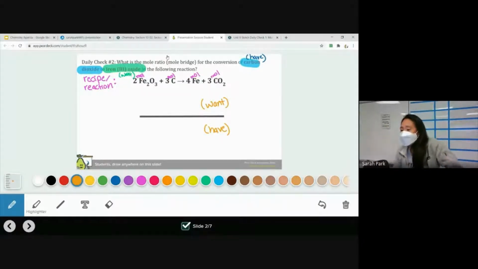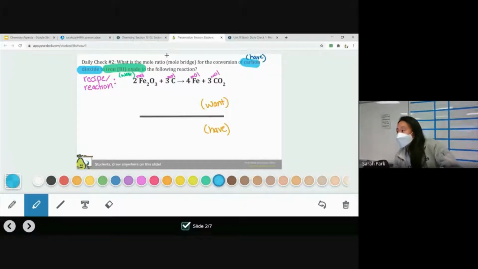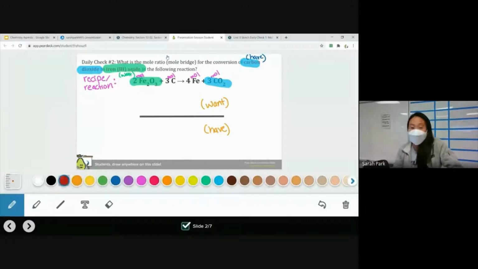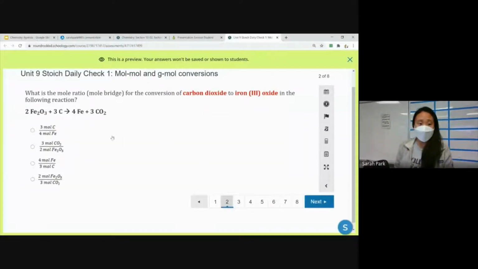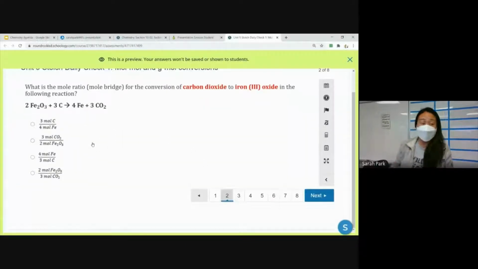The 2 things we're interested in, once again, are carbon dioxide and iron oxide. That's these 2 things right here. So what do we not care about in this particular question? We don't care about carbon and we don't care about iron. This is question number 2. If you hop over to question number 2 here, you can already eliminate half of your answers, right?